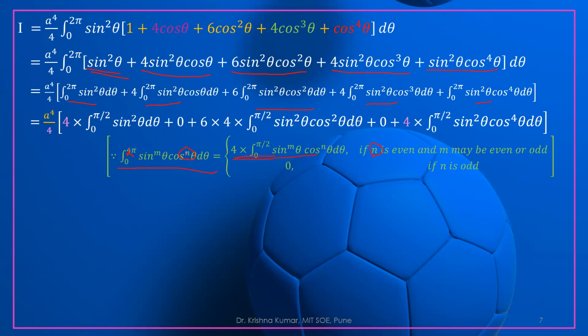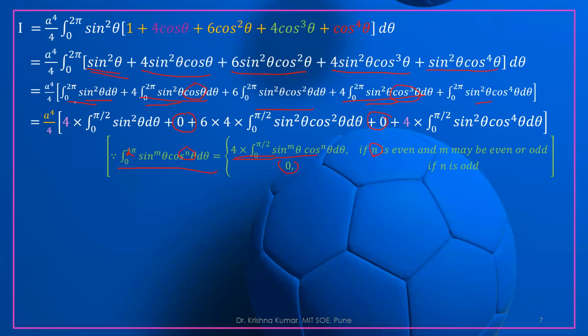But if the power of cosine is odd, then its value is 0. So now if you see over here, the power of cosine theta is odd, 1. Here the power of cosine theta is odd, which is 3. So these two integrals will become 0. That's why here it is written 0, and here also it is 0.